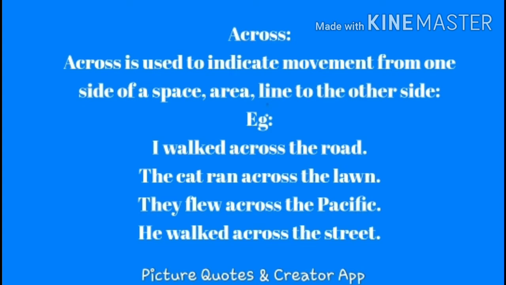The first one is, I walked across the road. So, crossing. The second one is, the cat ran across the lawn. The third one is, they flew across the Pacific. He walked across the street. So one thing you have to keep in mind is that across indicates movement from one side of a space, area or line to the other side.